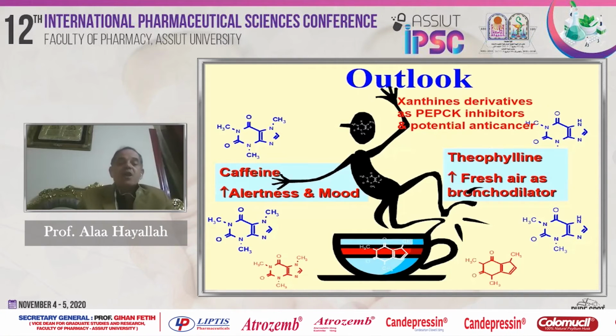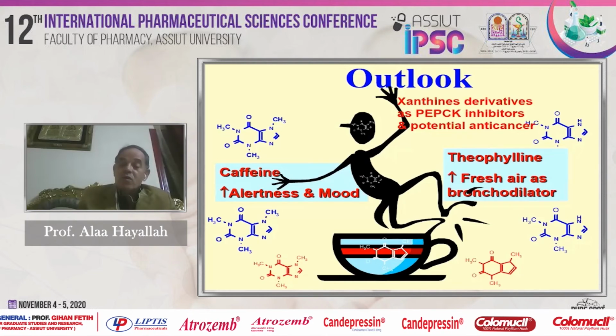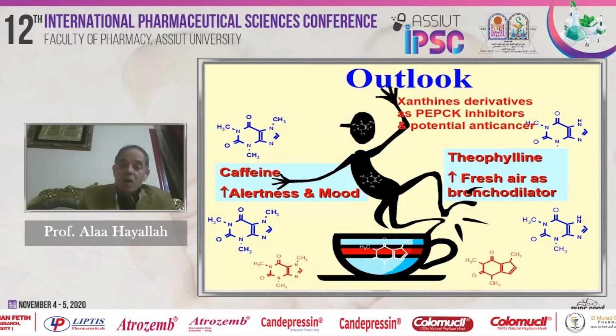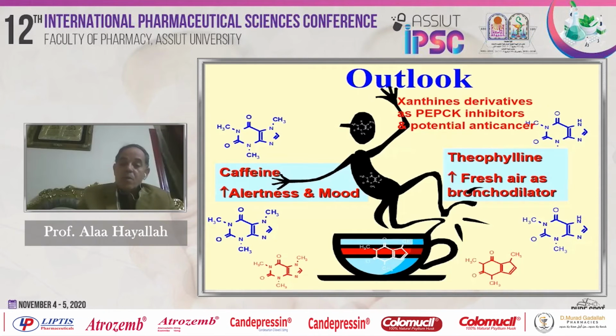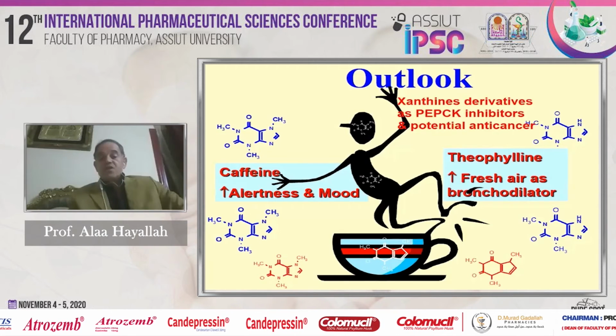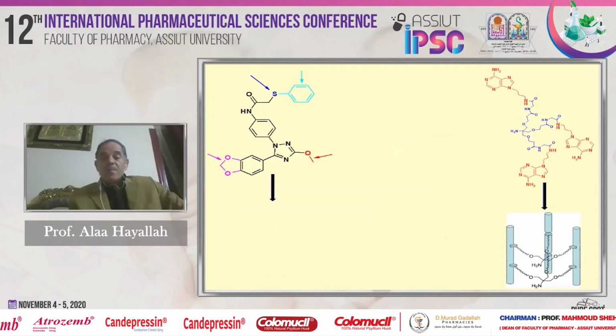As you see, caffeine increases alertness and mood, and I am addicted to caffeine. Theophylline increases fresh air as a bronchodilator. So our current project with my group is focused on xanthine derivatives.